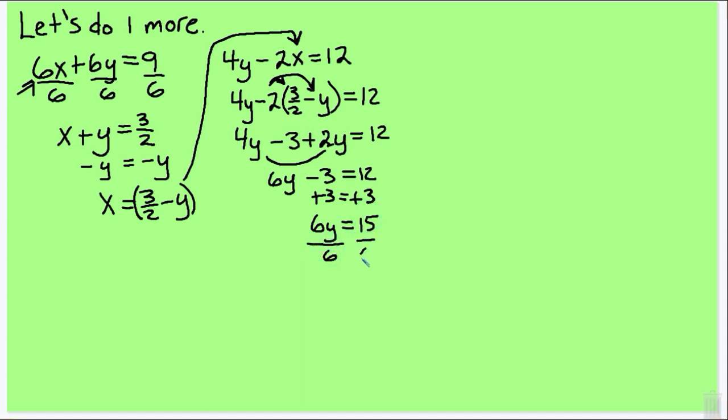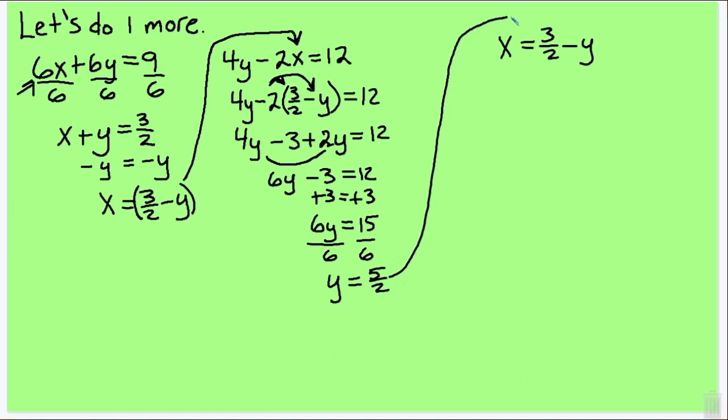Divide both sides by 6. So I get y is equal to 5 over 2. I'm going to substitute that into my equation that I have for x already. X is equal to 3/2 minus y. So now I'm going to put it in there for y, because I know what y is. X is equal to 3/2 minus 5/2.